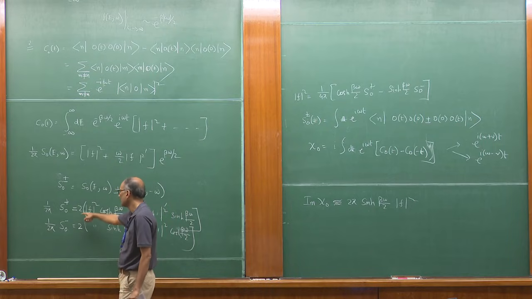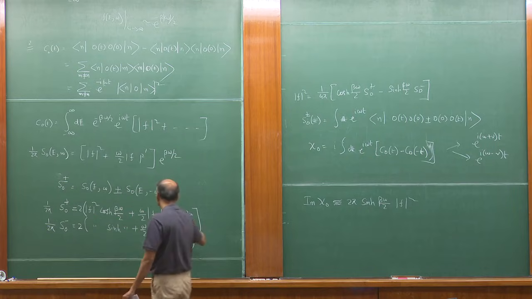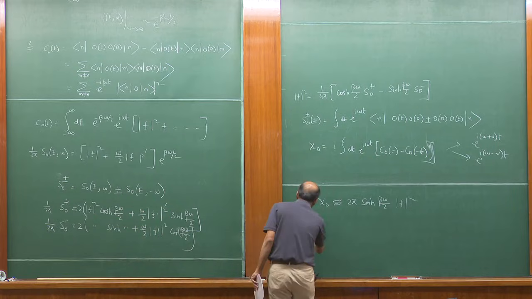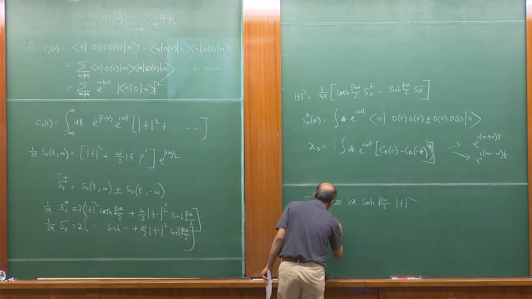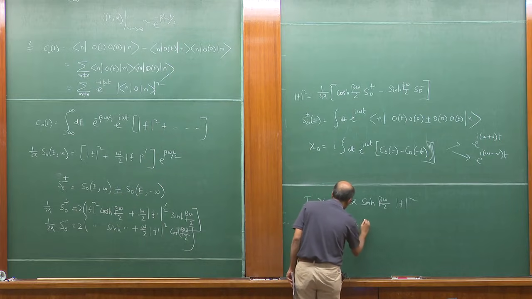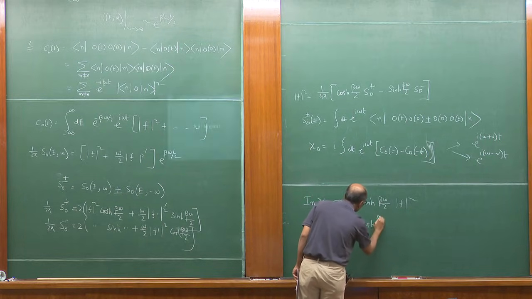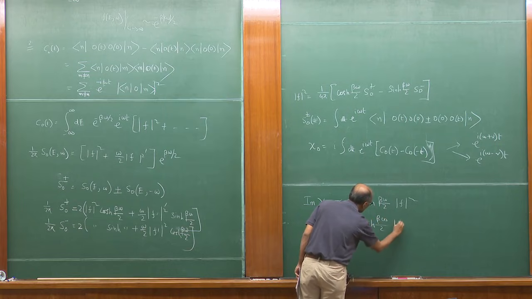Then in that limit, this would be just 4 pi times cosh beta omega by 2 times mod f square, if I neglect this. So S plus is almost equal to 4 pi times cosh beta omega by 2 times mod f square.